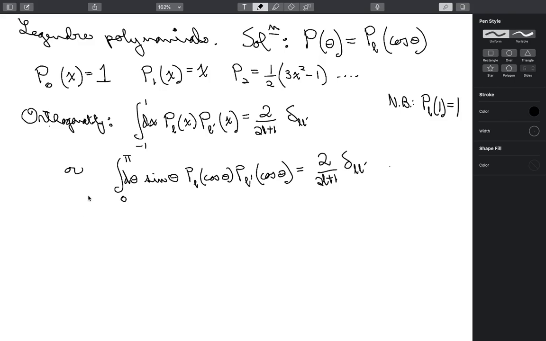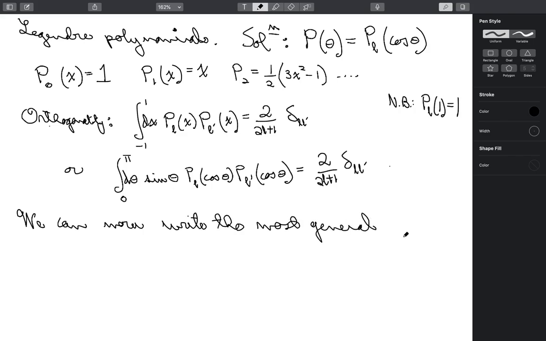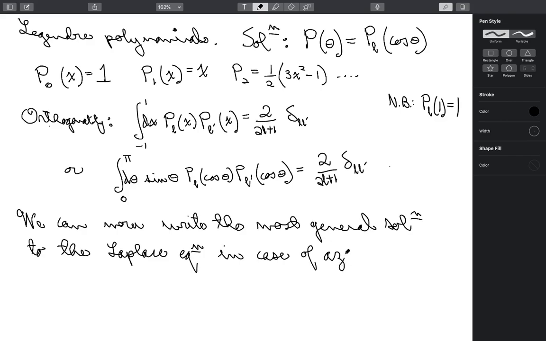Now, the important statement is that we can now write the most general solution to the Laplace equation in the case of azimuthal symmetry.